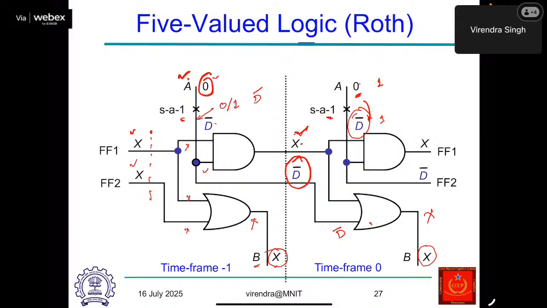Now in this case, this X is going to the other input, and again I am getting this X. Now you can see that there is a periodicity. I am getting X at the flip flop 1, and X at the primary output, and this will keep on repeating. Even if you go an infinite number of times, this will never be propagated to the primary output.